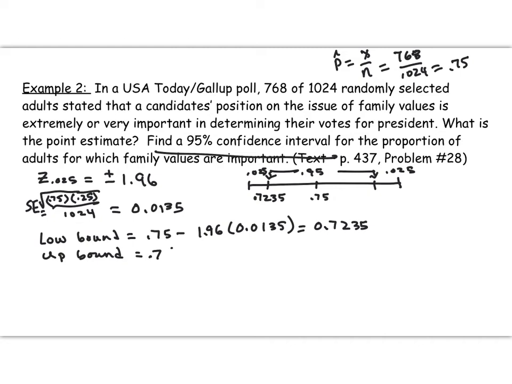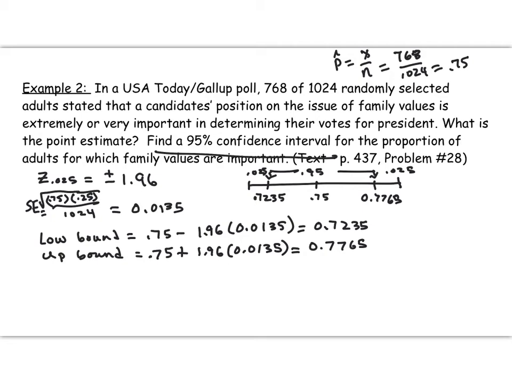And then the upper boundary will be 0.75 plus 1.96 times 0.0135. And for that, I get 0.7765. So I think that the true population proportion is somewhere between 72.35% and 77.65%.